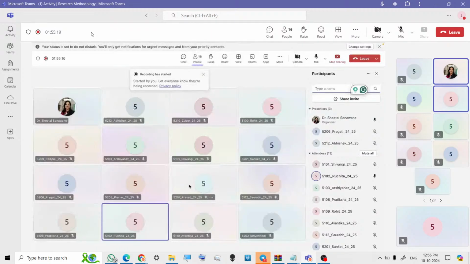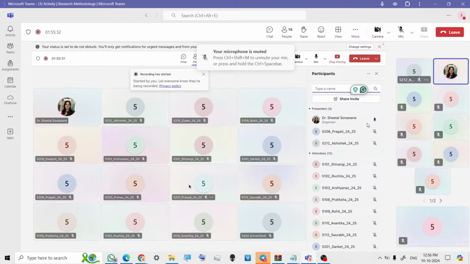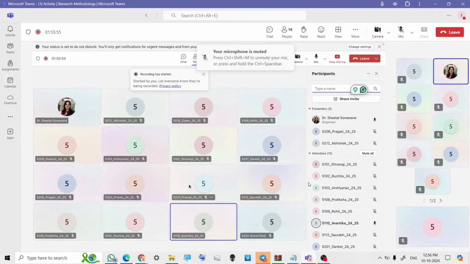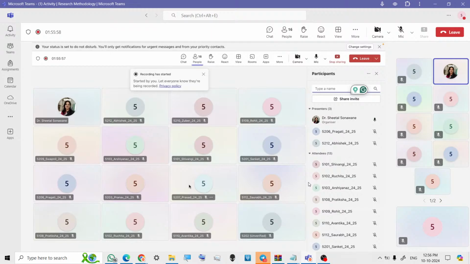Present. 5103 Present, ma'am. रुचिता इज देयर. ठीक आहे. अम्मी साइन करशील. 5105, 5106 आहे का रे? 5107 नाही. 5108 प्रतीक्षा Present, ma'am. दिसतीये. 5109 रोहित प्रेझेंट मॅम. आहे. 5110 अवंतिका. Yes, ma'am. 5111 आदित्य. 5112 सौरभ.